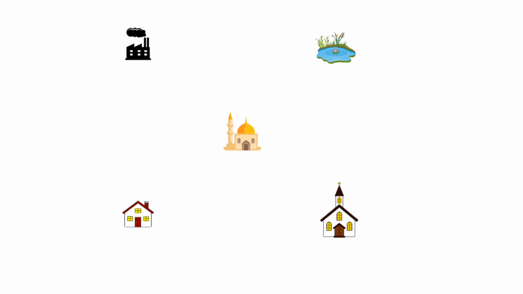Okay, so just a couple of questions. What do you find northwest of the church? Okay, northwest of the church, that's that direction. So you find the mosque. What do you find southwest of the pond? So if you go from the pond in southwest, that's that direction.